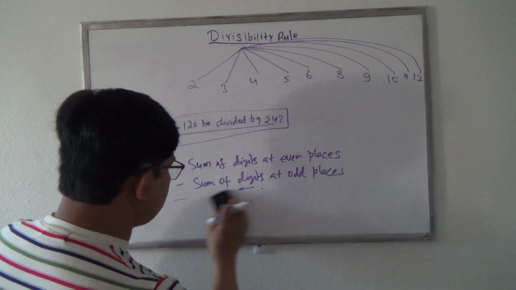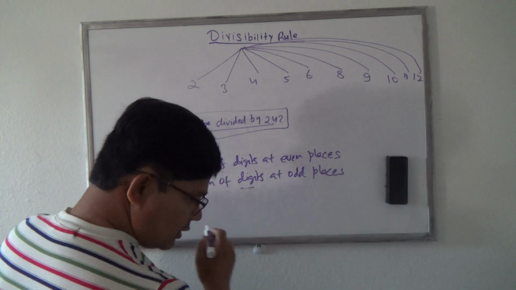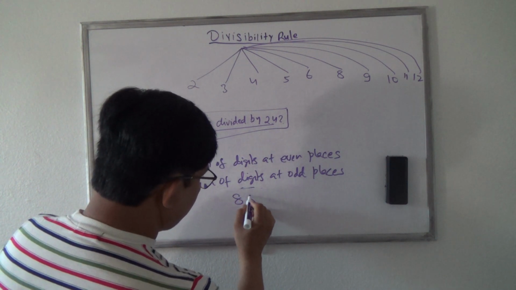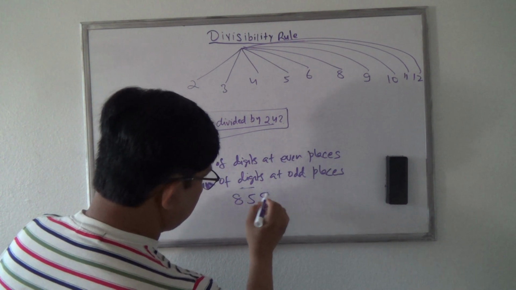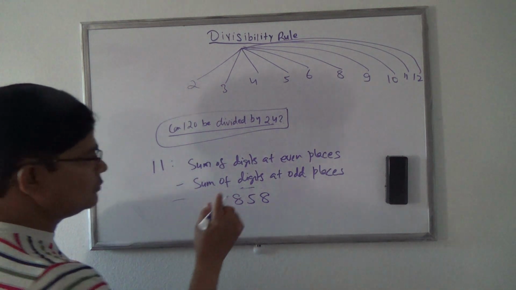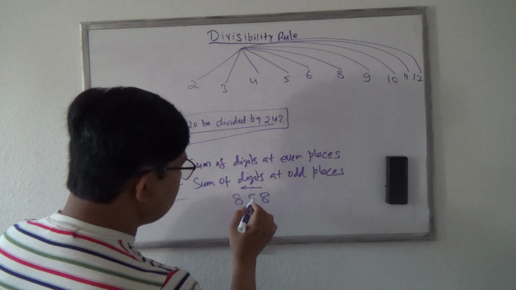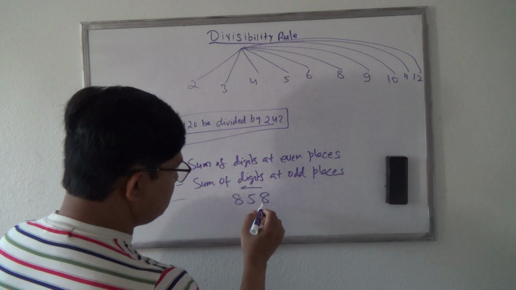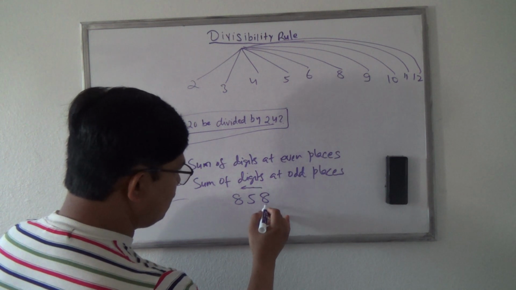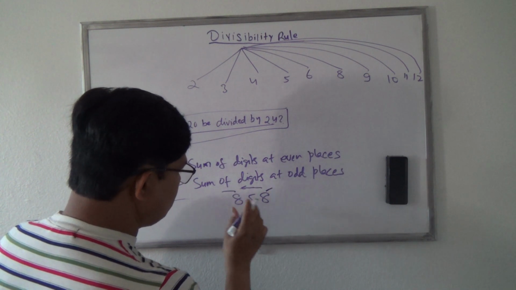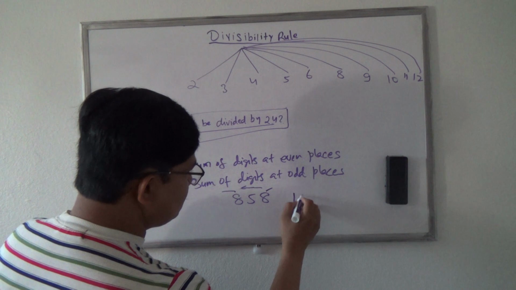Let's take another example. 858. Okay. So again, I will start from this side. The numbers at the odd places are 8 and 8. So 8 plus 8 is 16.